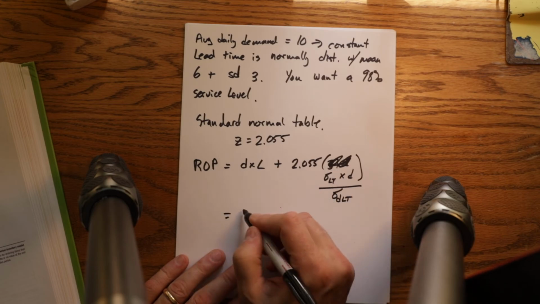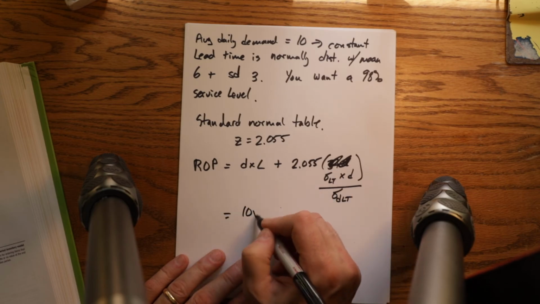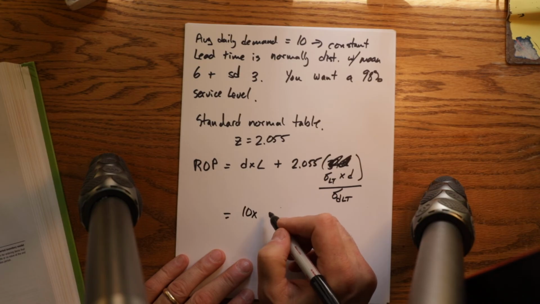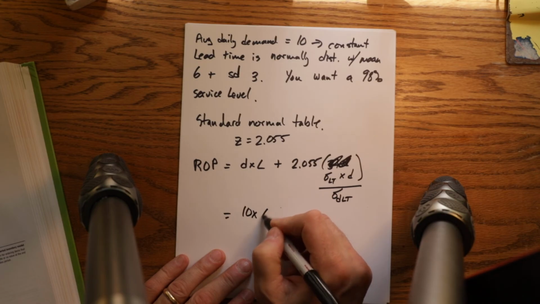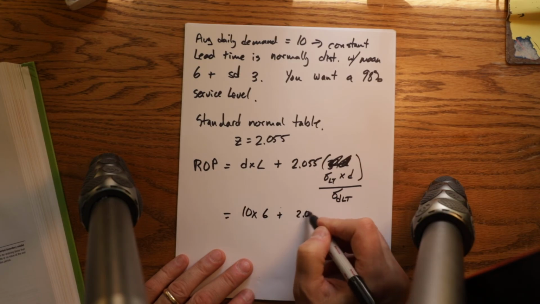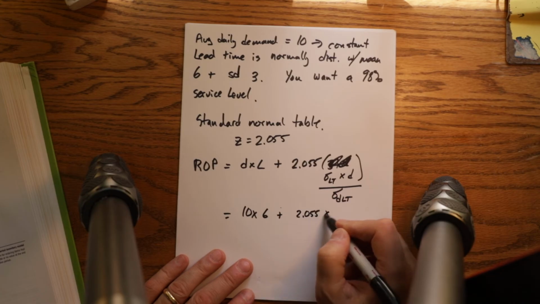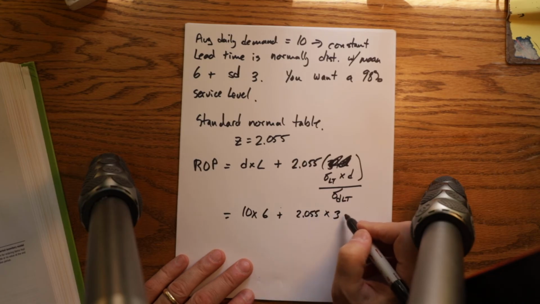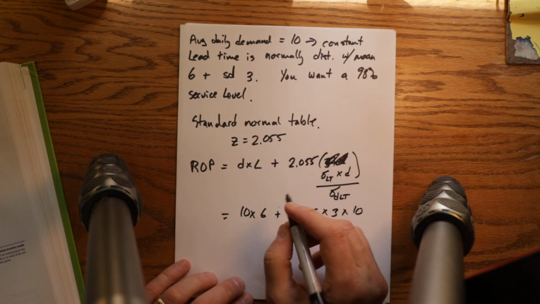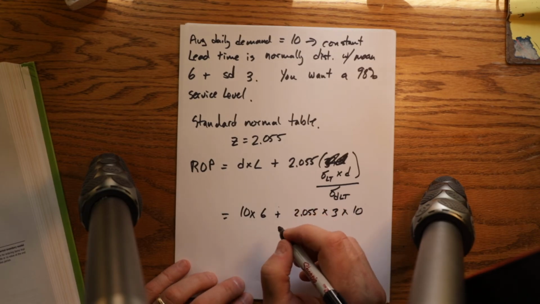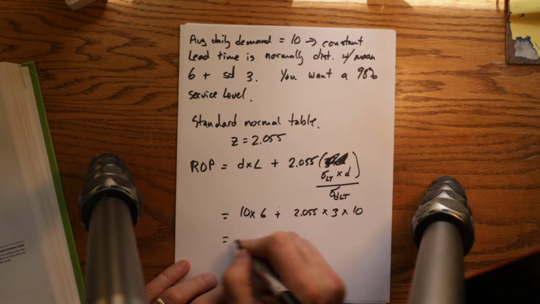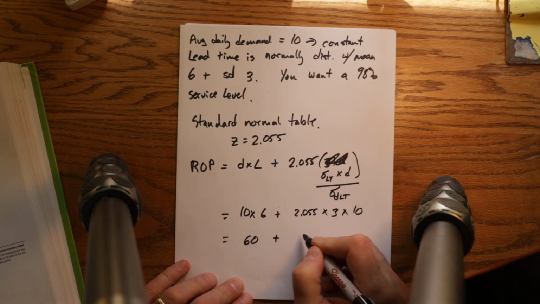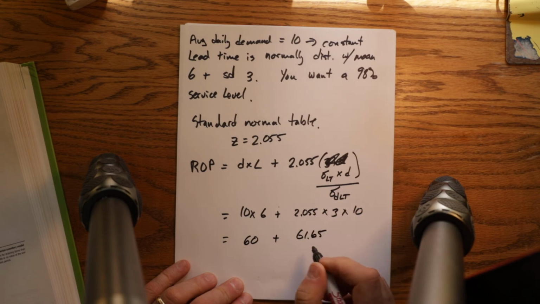Which would be equal to 10 times 6 plus 2.055 times 3 times 10. Equals 60 plus 61.65.